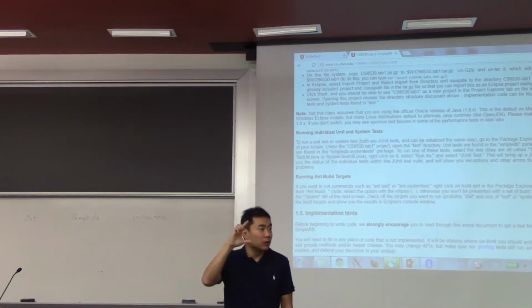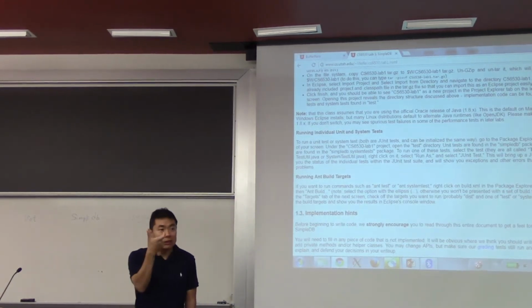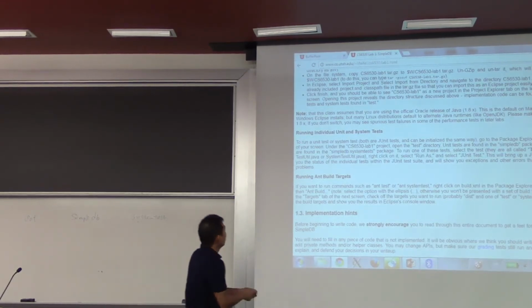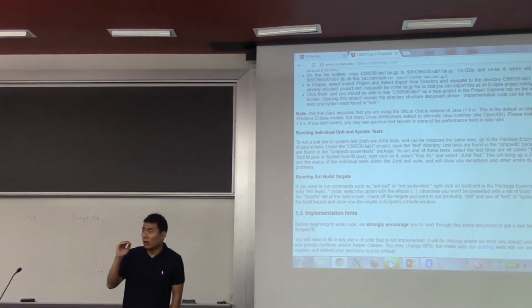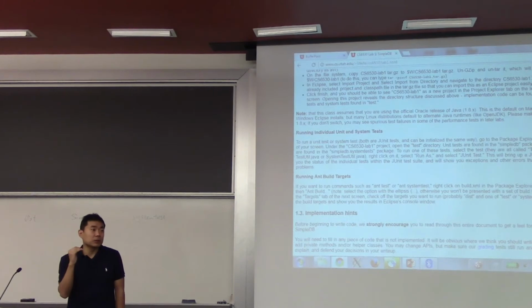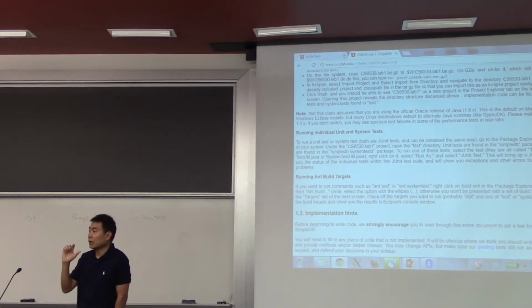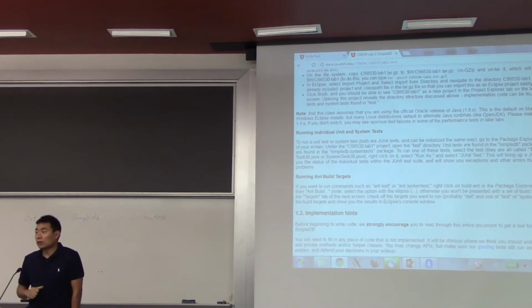Instead of running your code through the entire set of test cases every time, you want to just run it against that single test case for debugging purposes. So this section tells you how you change the configuration so that when you run your code, it is checked against a specific test case of your choice, either a unit test case or a system test case. Okay. Any question on this?